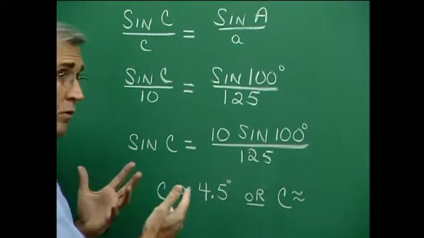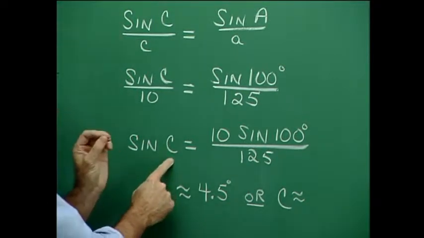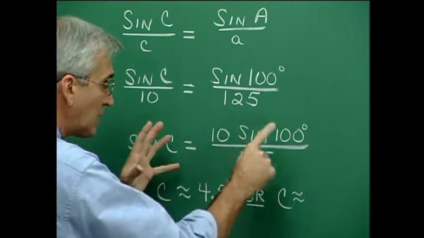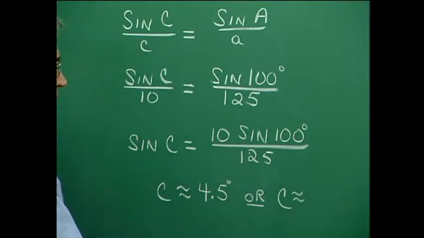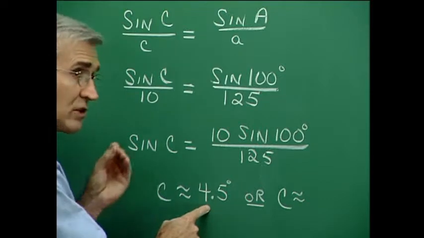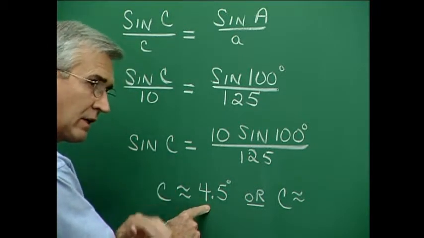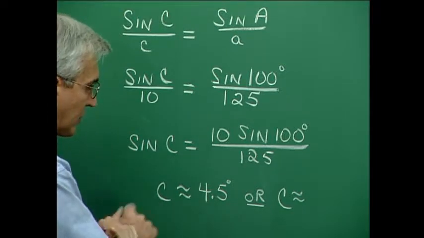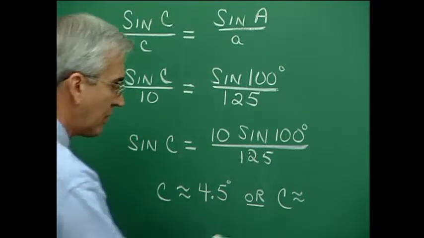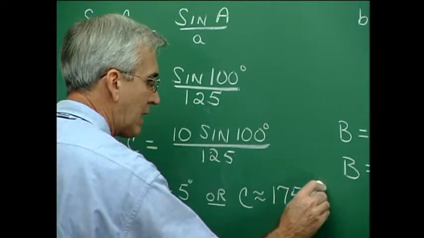Now, if we're thinking the way that we did in the previous problem, that gee, the angles whose sine is some positive number over here could appear in the first or second quadrant. So this might be a reference angle for an angle in the second quadrant, and we find the angle by taking 180 minus this, so the other angle could be maybe 175.5 degrees, we might be thinking.